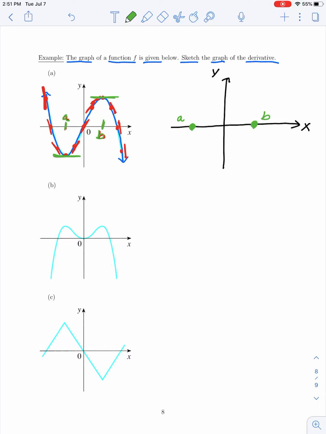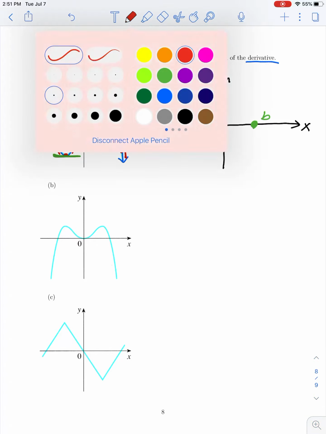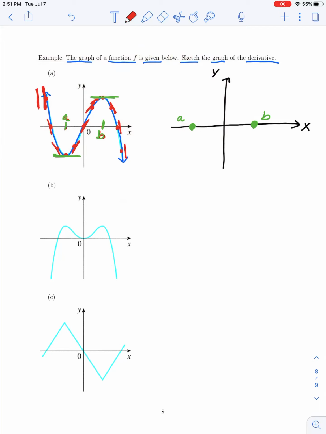So moving left to right, we said that initially we were starting with relatively large negative values for our slope. So I start with some relatively large negative value for y for the corresponding value of x here. And as my x values start to increase from left to right, we said our values for the derivative, that is the slope of these lines, were all negative, but they were starting to flatten out.